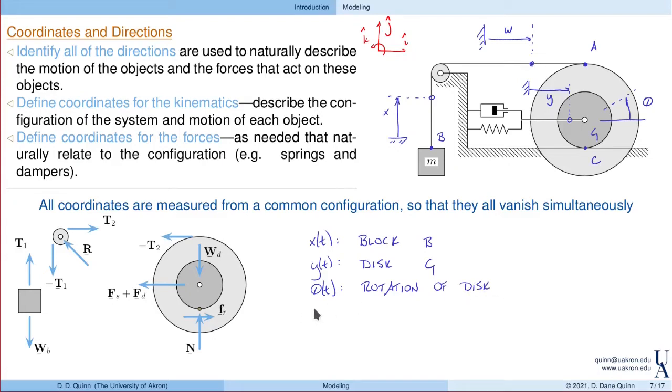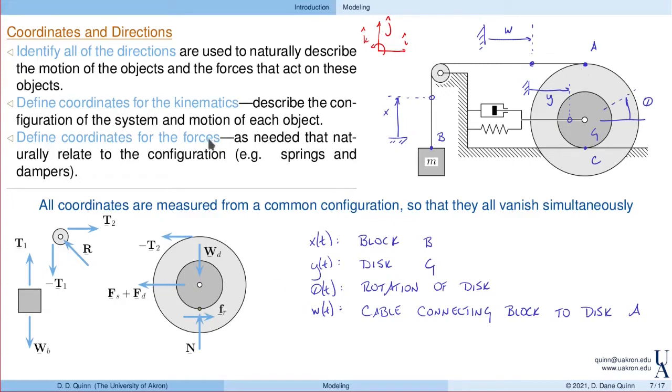And then finally, W, which really measures the displacement of the point on the cable at the top of the disk. So this is the cable connecting the block to the disk. And that's going to be related to what's going on here at A.